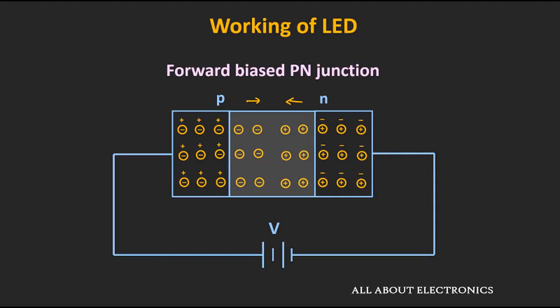In the PN junction diode, whenever electrons and holes recombine, they release the energy in the form of heat. But in the case of the light emitting diode, whenever they recombine, they release the energy in the form of light. And it can be further explained using the energy band diagram.